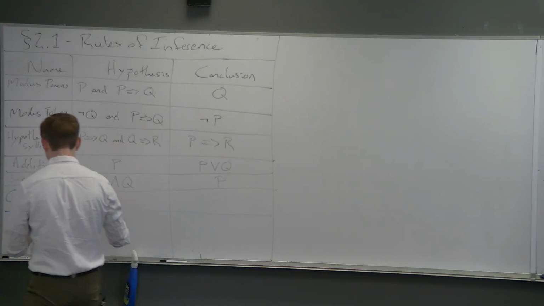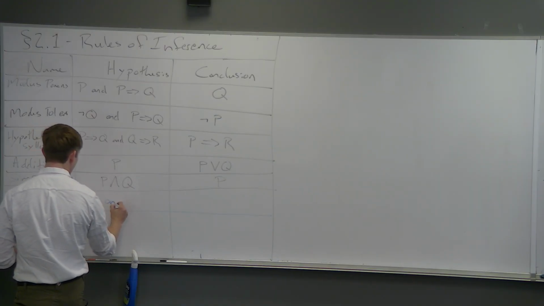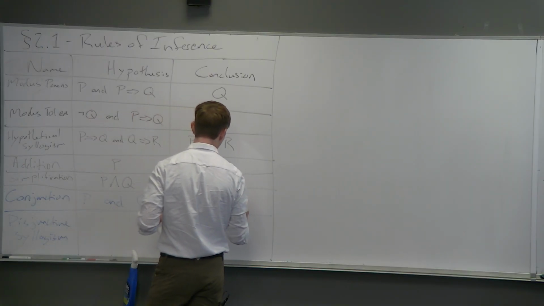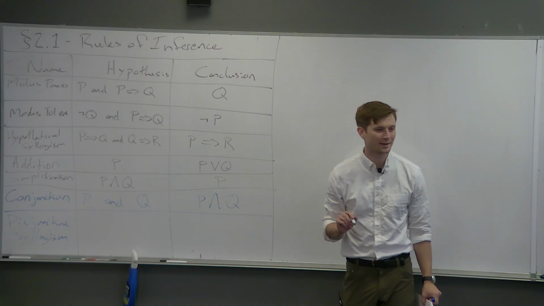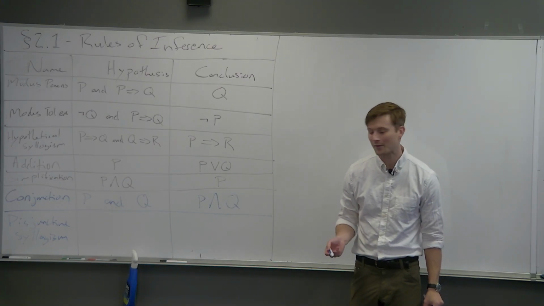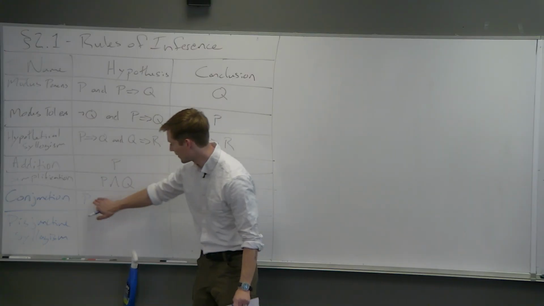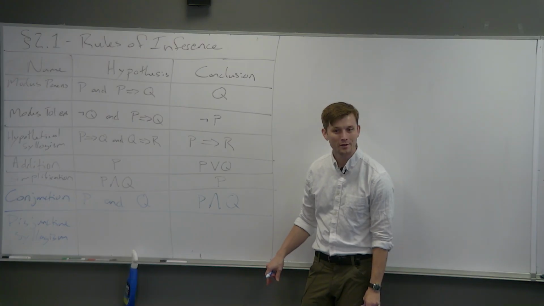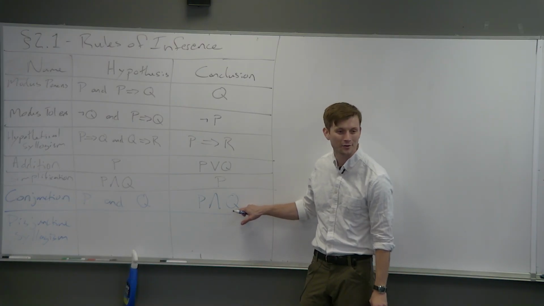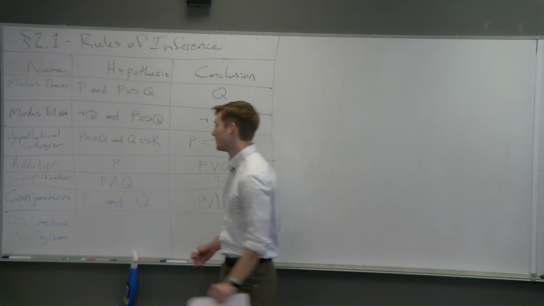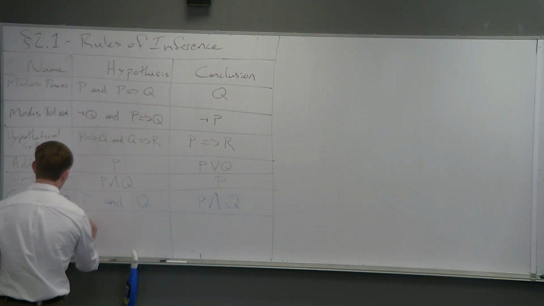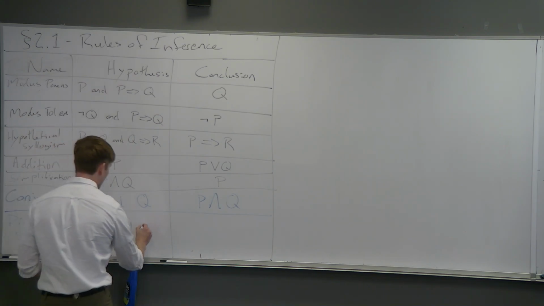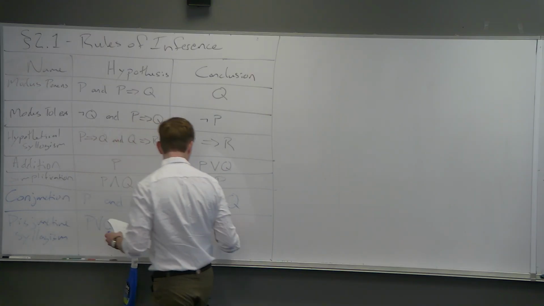In conjunction, we say we've got P and we've got Q. Well, then we certainly have P and Q. That one looks silly, but it says if you've got two separate hypotheses, one of them is that P is true, and one of them is that Q is true, then you can conclude that the statement P and Q is also true. Disjunctive syllogism says that if you've got P or Q and not P, then you can conclude Q.